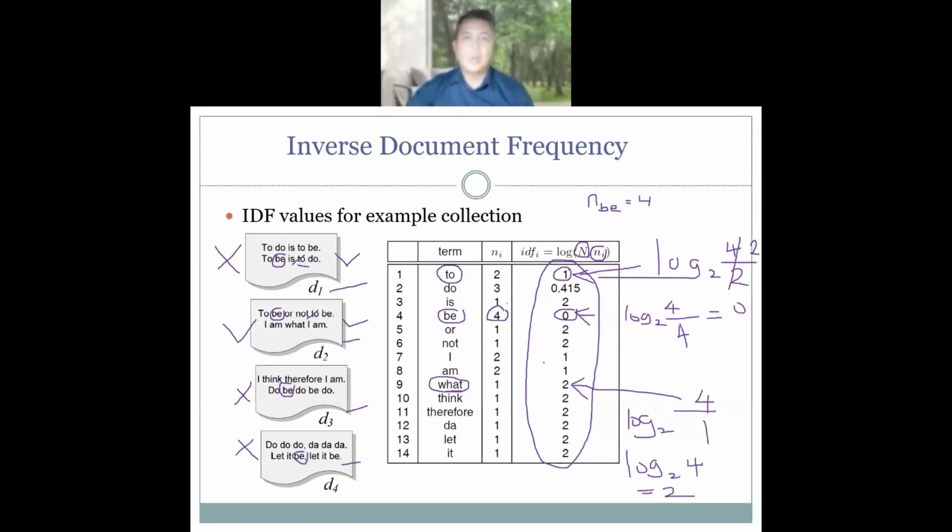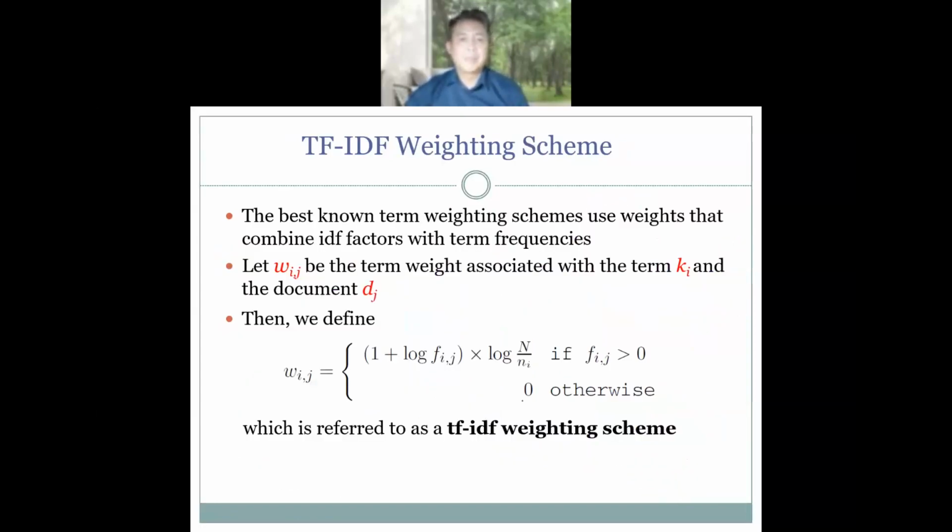With this weightage, we multiply them with the term frequency from earlier. So this is the term frequency ij, and this one is the IDF for i.